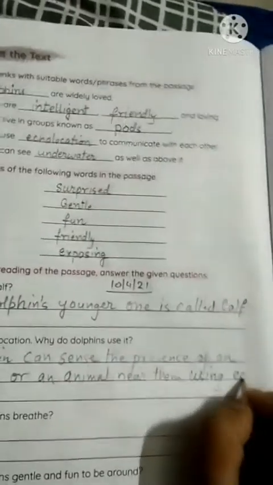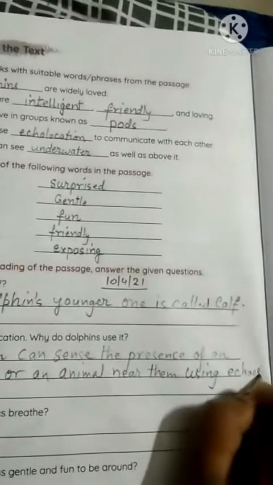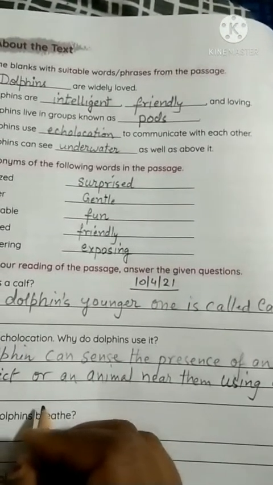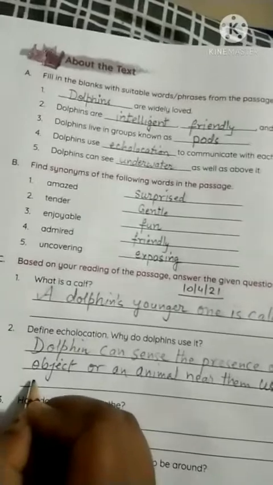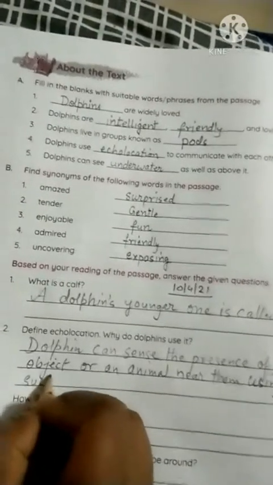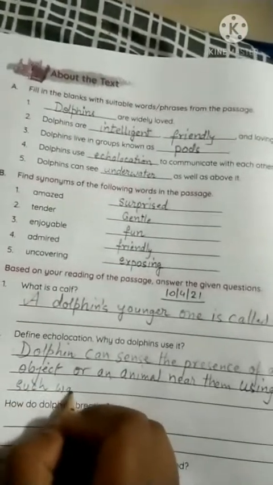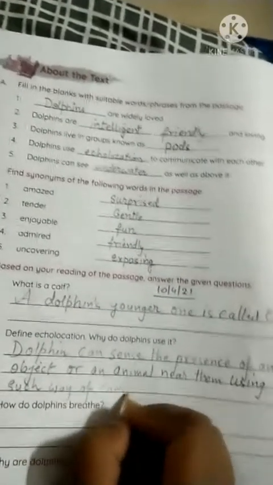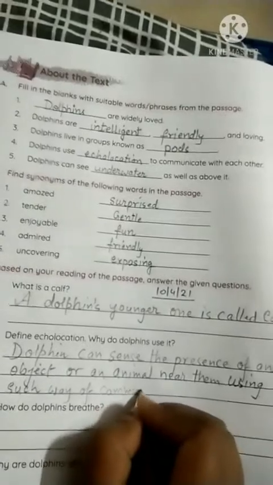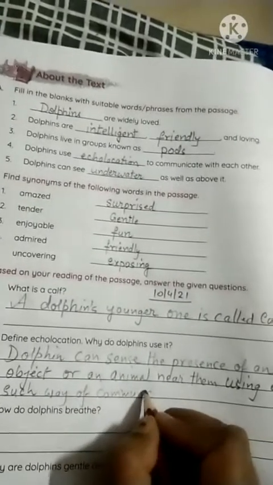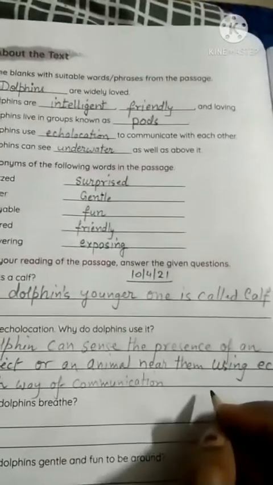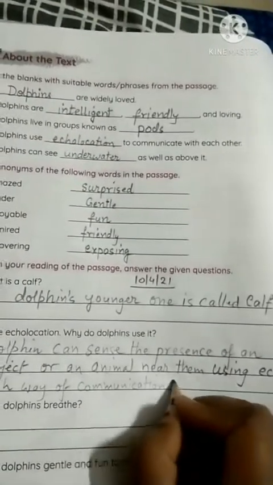So it is known as echolocation. Such a way of communication is known as echolocation.